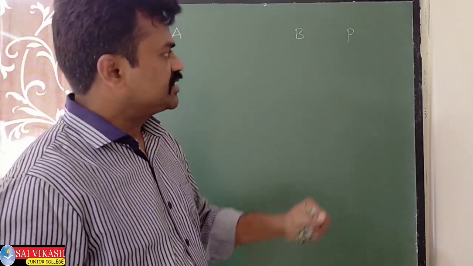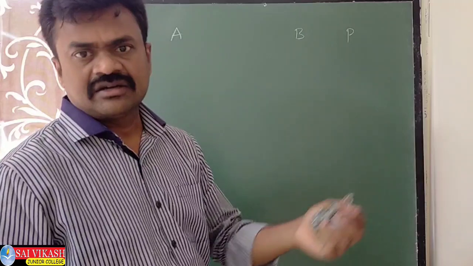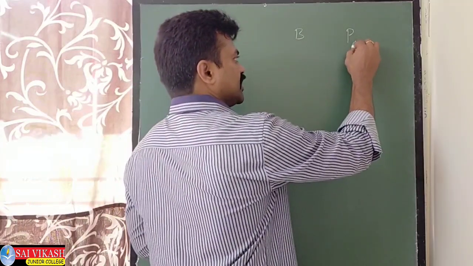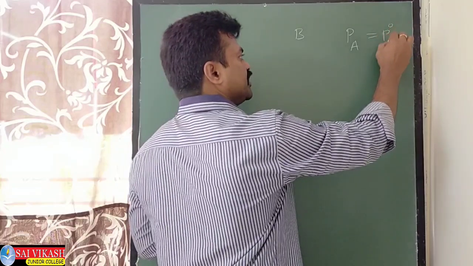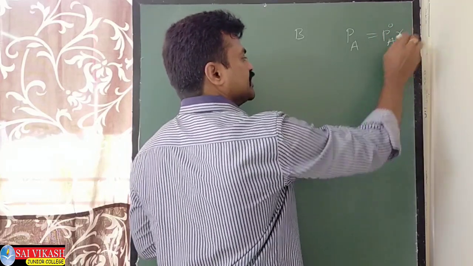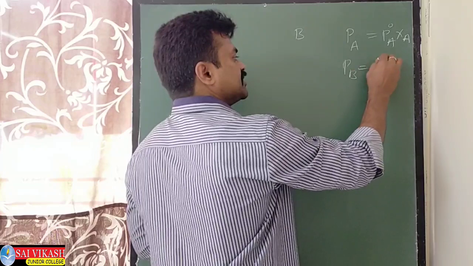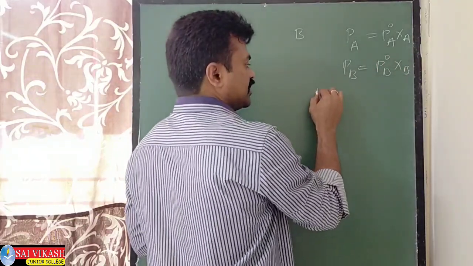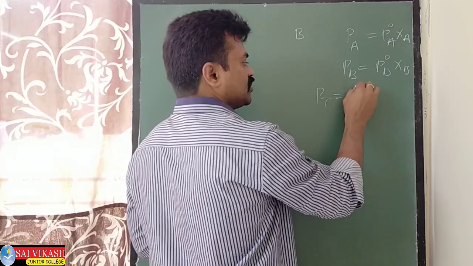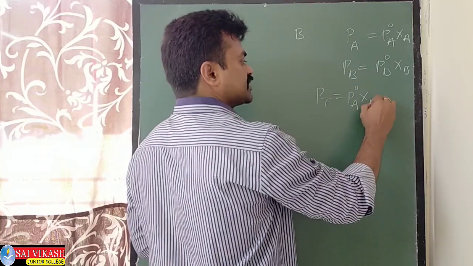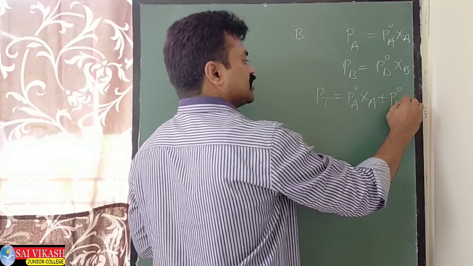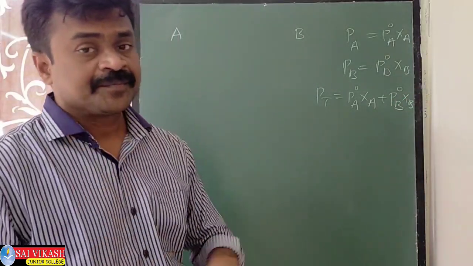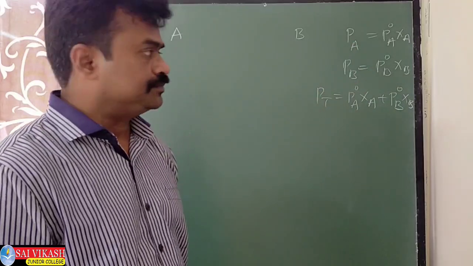For these components, we got the Raoult's law formulas: PA is equal to P naught of A into XA, and PB is equal to P naught of B into XB, and the total pressure is equal to P naught of A into XA plus P naught of B into XB. So we got these formulas in the last video also.